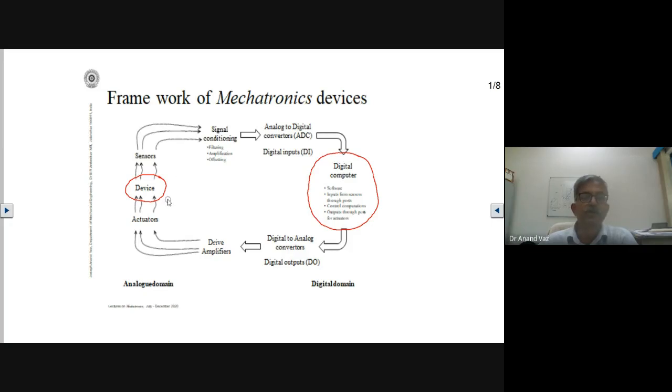We will also learn how to model these devices using the graphical approach of bond graph, how to derive system equations, how to simulate these, how to even go for control using this. Now we will proceed towards understanding the digital domain. So the objective now for us is to understand the digital domain.